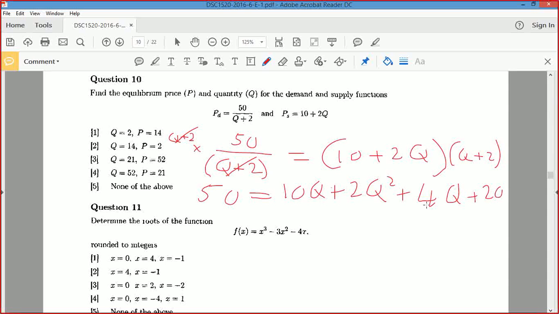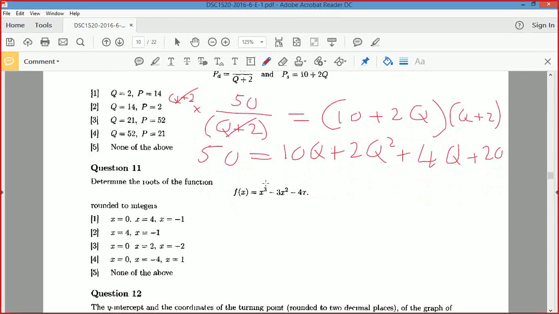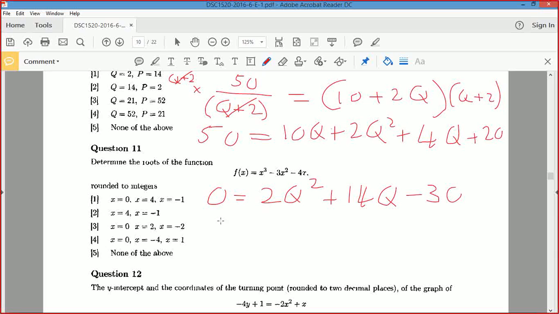So get everything to one side. 0 equals 2q squared plus 14q, then I'll have minus 50, so that becomes minus 30. And you can take 2 out. So that'll be 2 brackets q squared plus 7q minus 15.